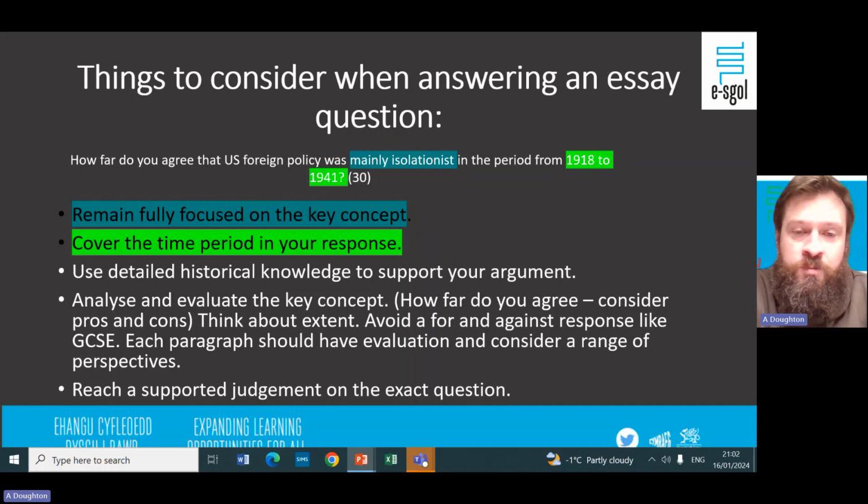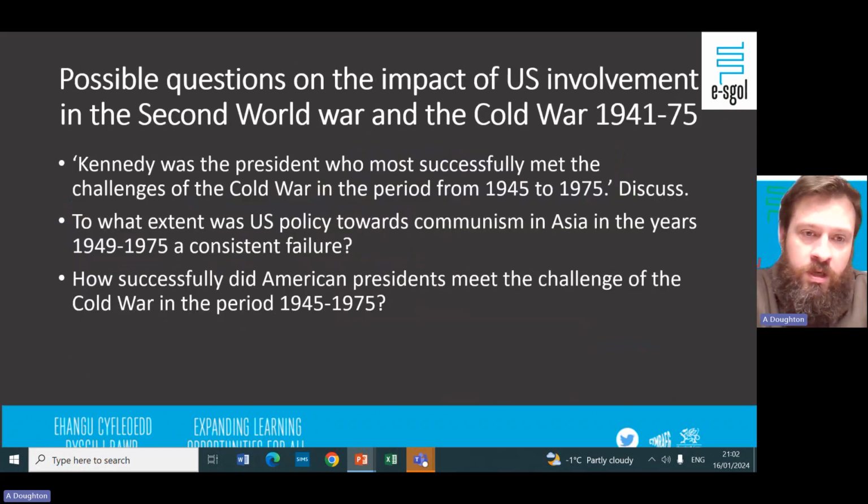You need to cover a range of perspectives. And you need to make sure you reach a supported judgment on the exact question. So in your conclusion, if you were answering how successfully did American presidents meet the challenge, I'd expect you to decide how successful you think they were, but also give a balanced response. Tie up all the arguments you've had throughout that essay.